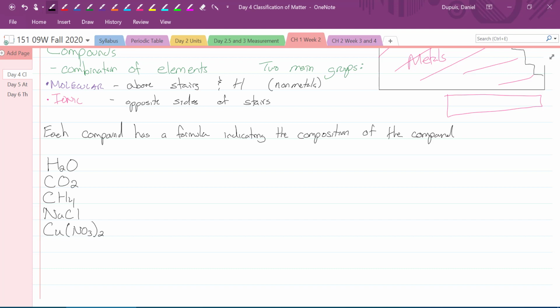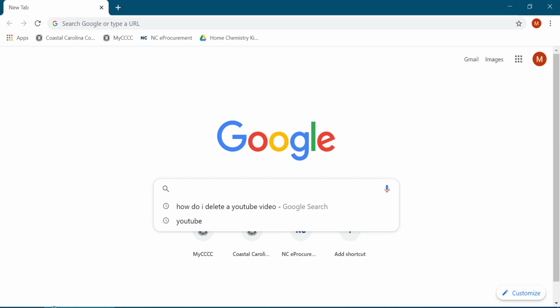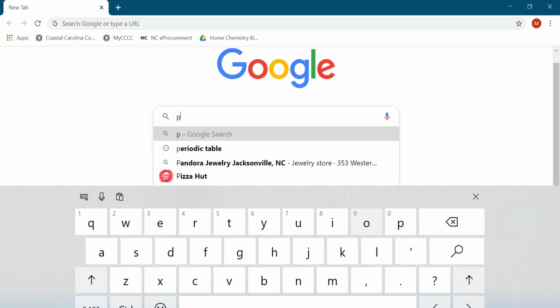All right. So now if we look at these, it's always going to be a good idea to have a periodic table handy. Can you have one on the web? Sure. I don't have it saved on this. Let's do... Nope. Periodic table.